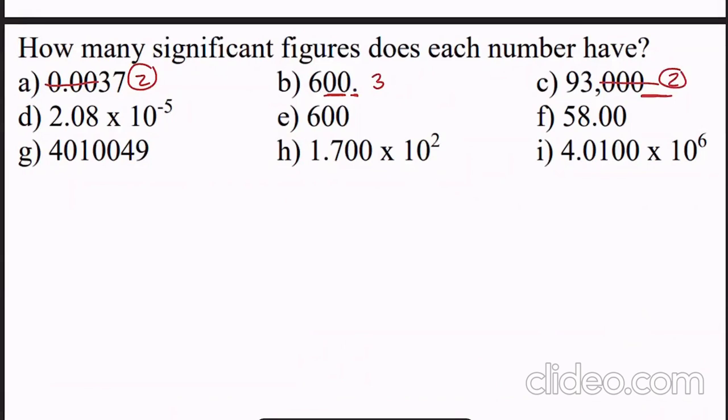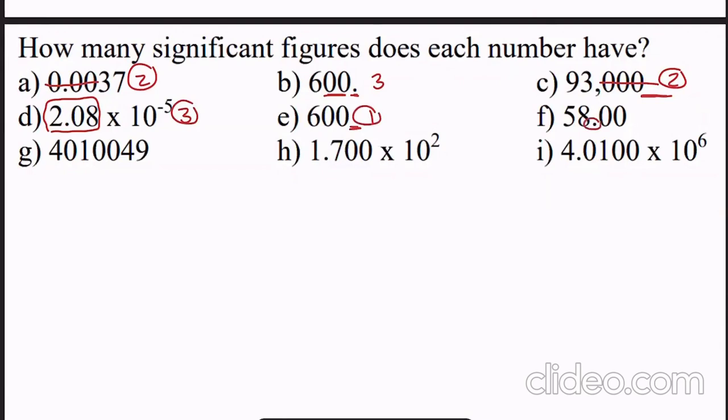In a coefficient, we're not worried about this at all. In a coefficient, we're only worried about these values. In scientific notation, we're only worried about the coefficient, not the 10 to the minus 5. Just the coefficient. Captive zero, 3 significant figures. Do I see the decimal point? 1 significant figure.